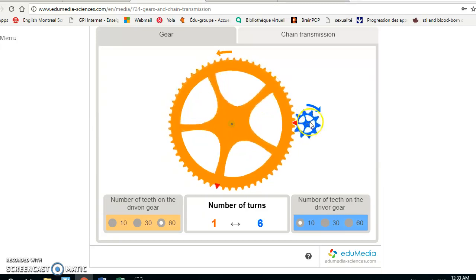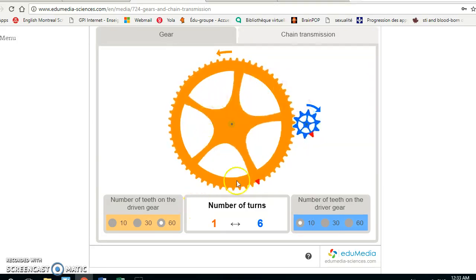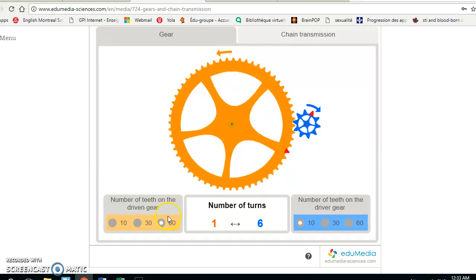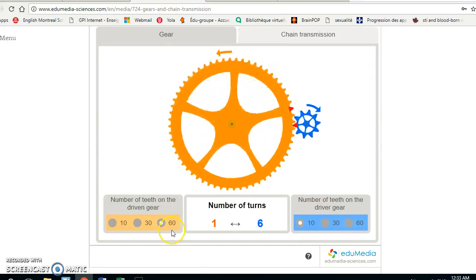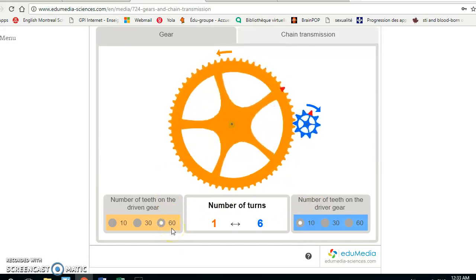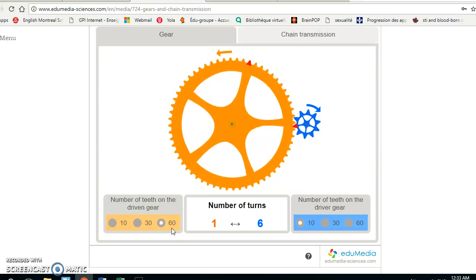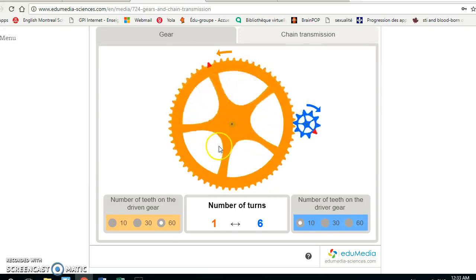We have a very small driver, 10 teeth, and a very large driven, 60 teeth. Look how slow the driven is going. We do the same rule: driver, 10, divided by driven, 60. 10 divided by 60 is 0.16. See, the ratio is now below 1, and that makes the driven very slow.